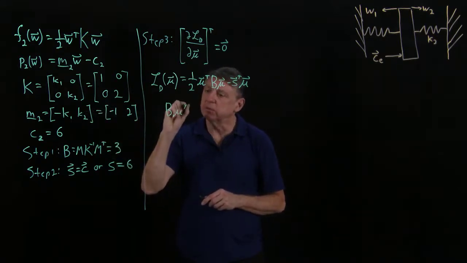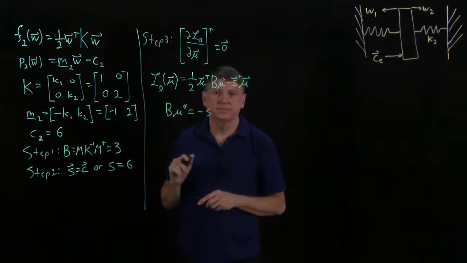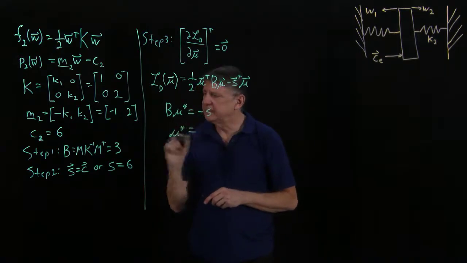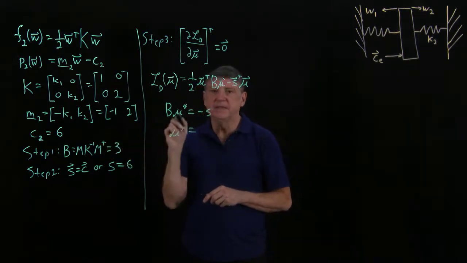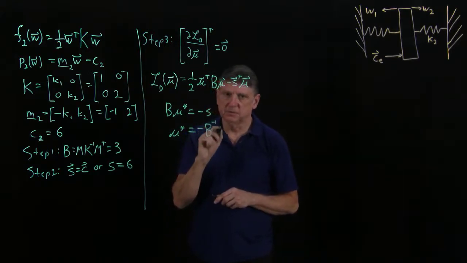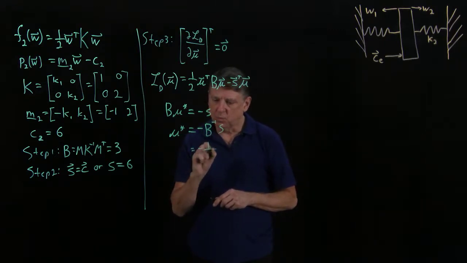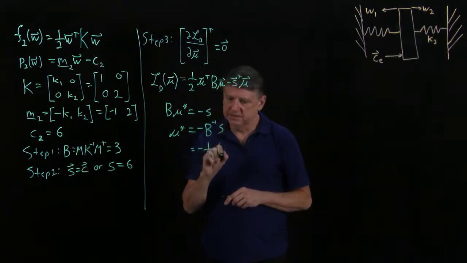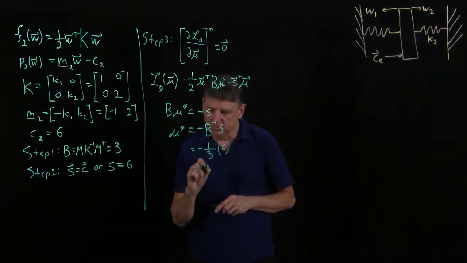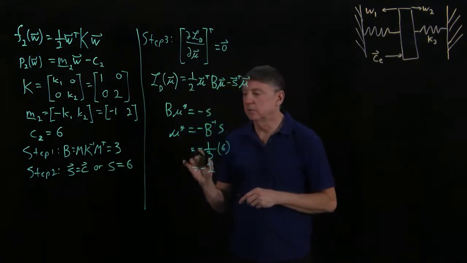So B times our optimal Lagrange multiplier has to equal minus S. And that means that our mu star is, if B is 3, then that will be minus B inverse times S, and that will be minus 1/3 times S is 6, and that will equal minus 2. So here, our Lagrange multiplier will be minus 2.